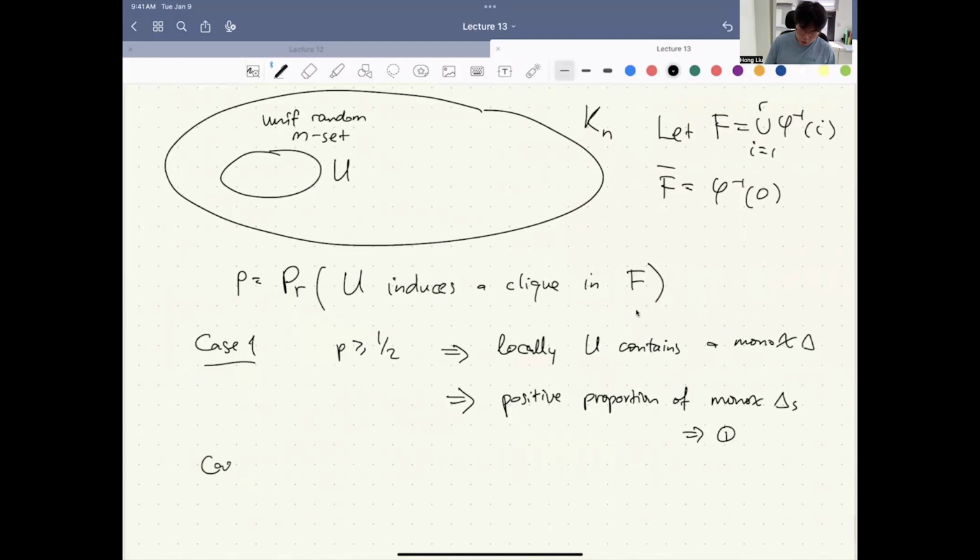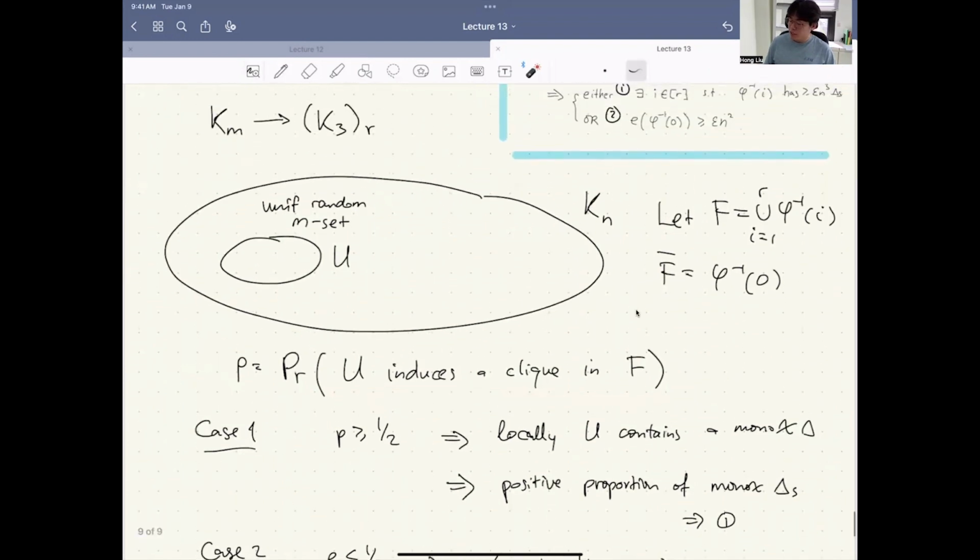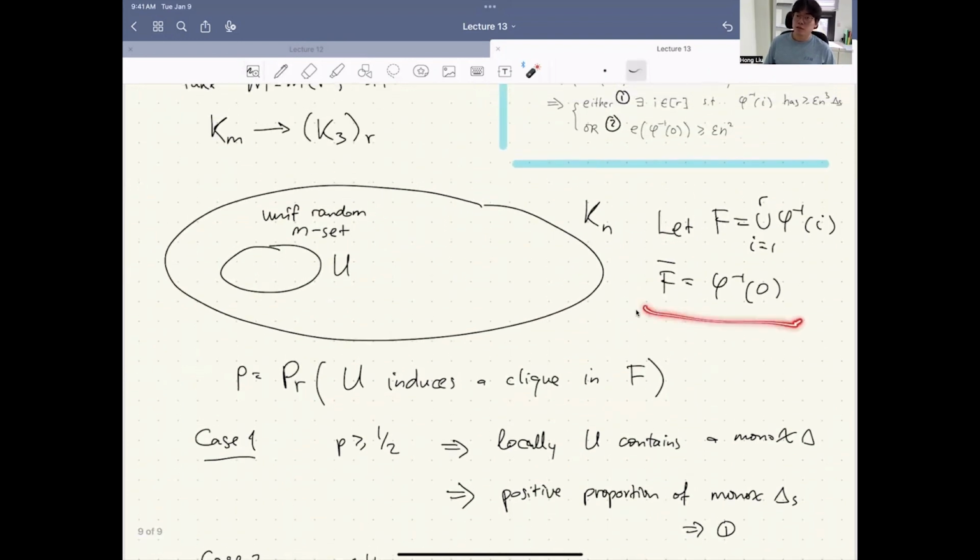Okay, case 2: if p is less than 1/2, what does that mean? This means with positive, omega(1), probability, U contains an edge in the zero color.